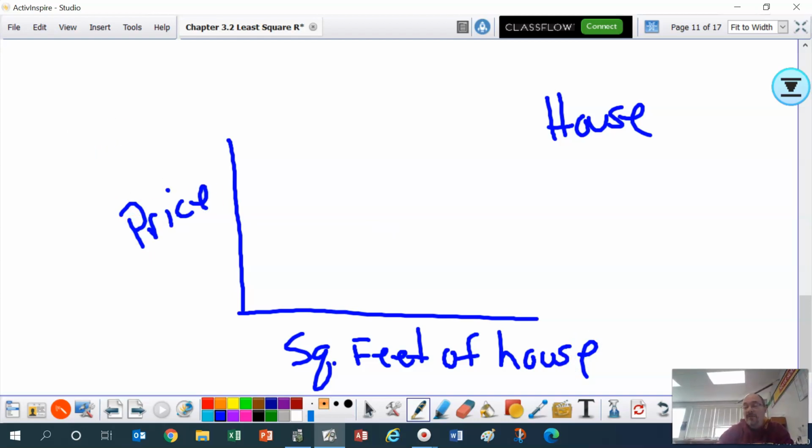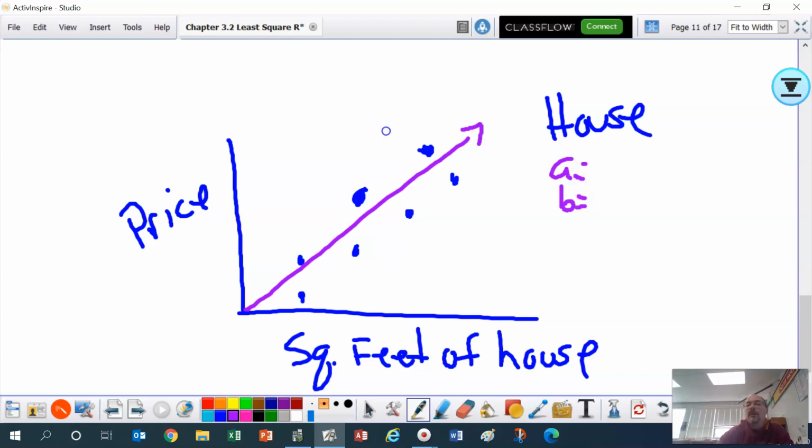So that's a positive, obviously. As the square footage goes up, the price goes up. They're not exactly going to be all the same price, so it's going to be a scatter plot like this, right? Then we found that line that goes through the center, and we found the A, we found the B, then the R squared, and then the R.